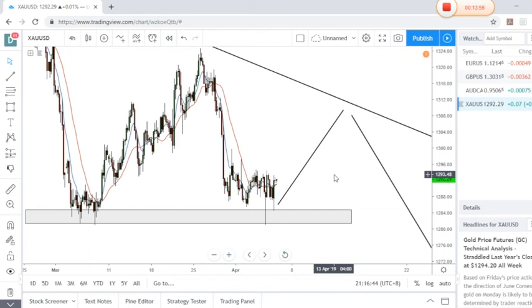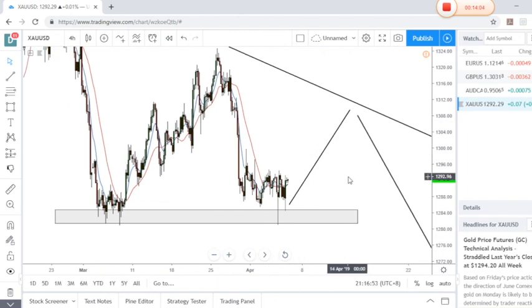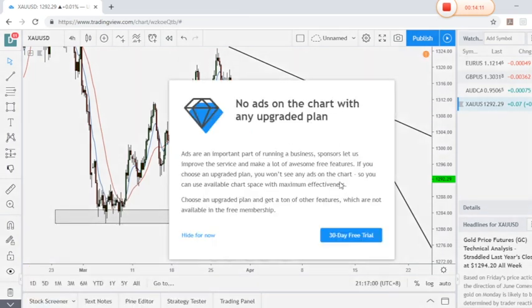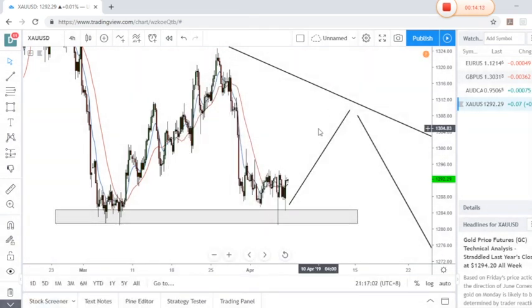So I expect that on Monday to Tuesday we have a slight pullback upward, and around Wednesday to Thursday we may see the price touching back to the 1300 region before continuing the downfall. However, at the moment I do not have any trade right now.